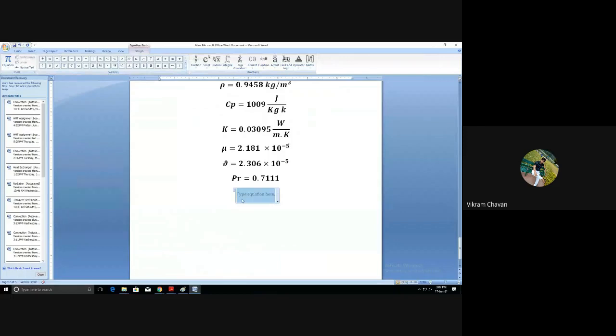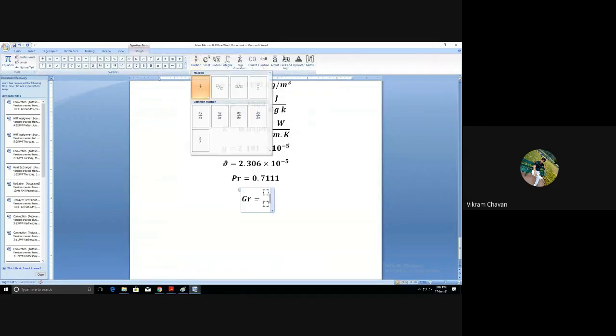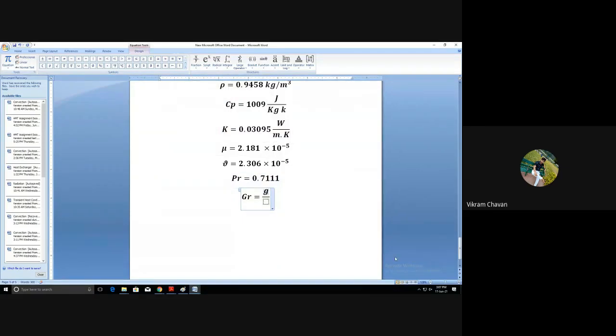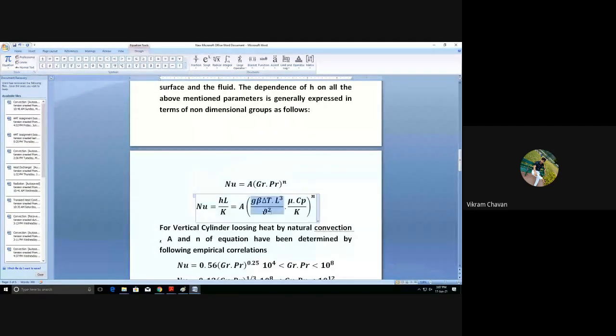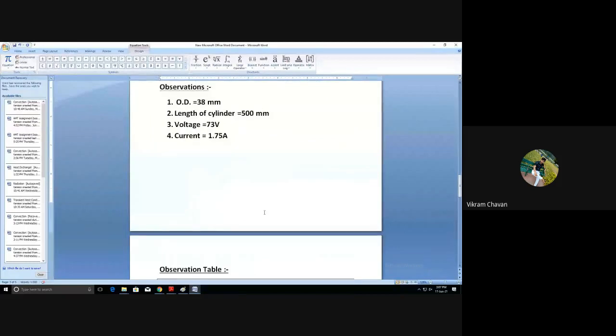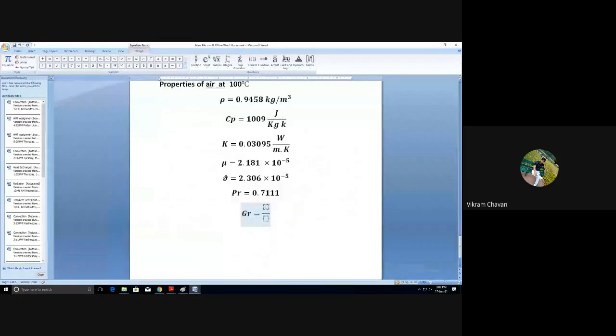Insert the equation. Grashoff's number is equal to, I will take the formula directly and put in all the values that we have considered. G beta delta t, for that we require the beta value.